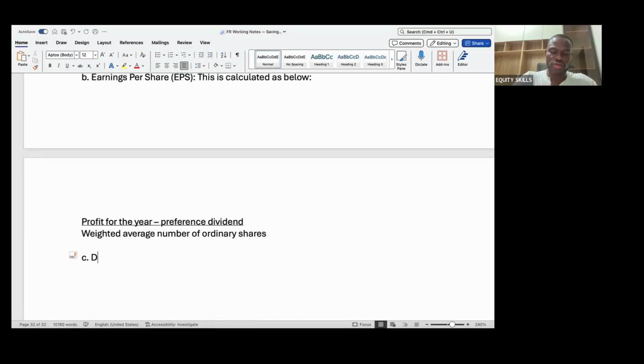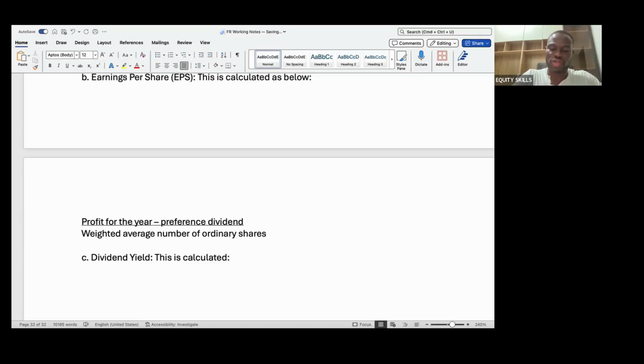There is also dividend yield. This is calculated as below because really this actually looks at the actual returns to shareholders.